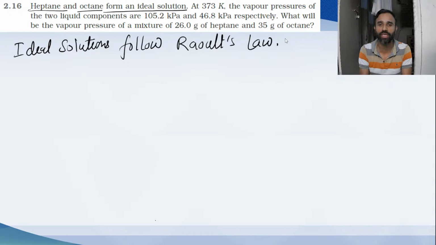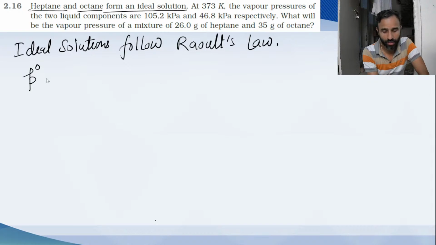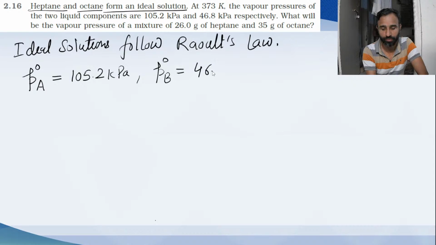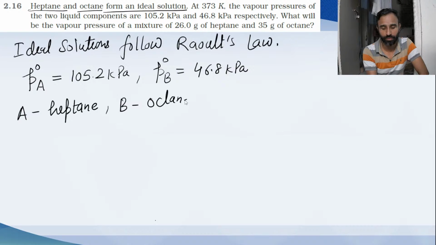Now at 373 Kelvin, vapor pressures of the two liquid components are given. That means P naught, let us say heptane as A, and octane as B. A is heptane and B is octane.